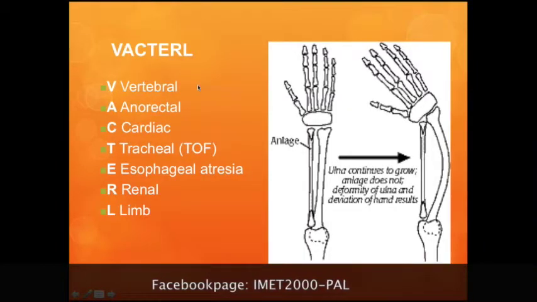And this is just a revision of what VACTERL stands for. So vertebral, anorectal, cardiac, tracheoesophageal fistula, esophageal atresia, and renal and limb issues.